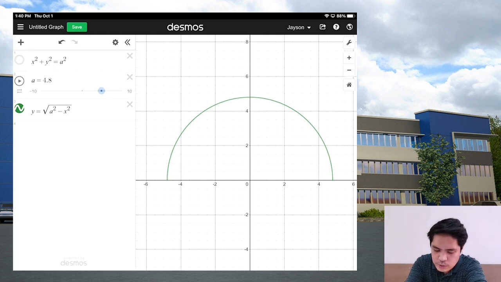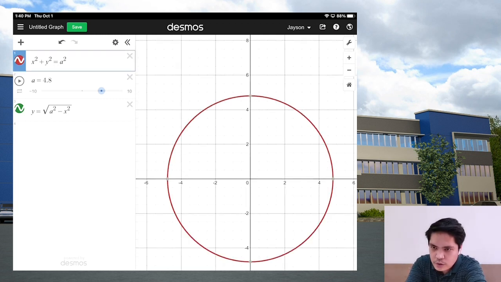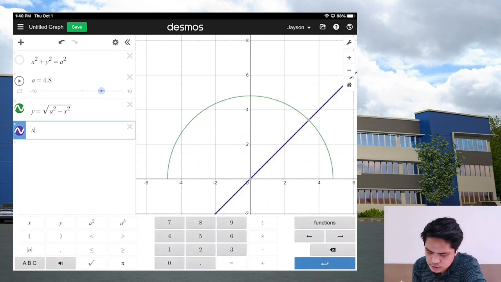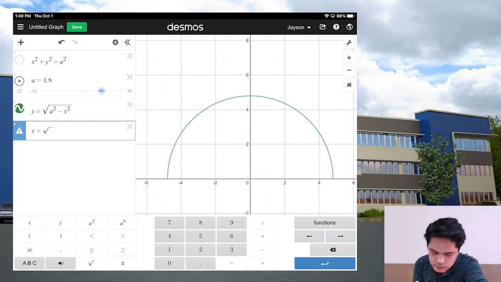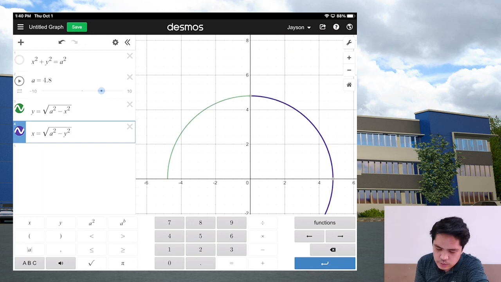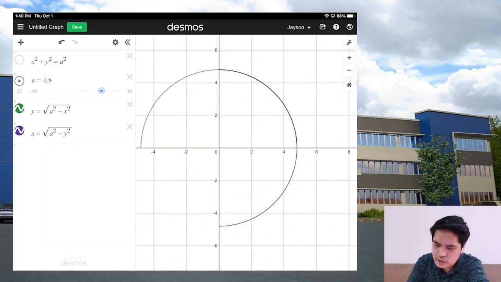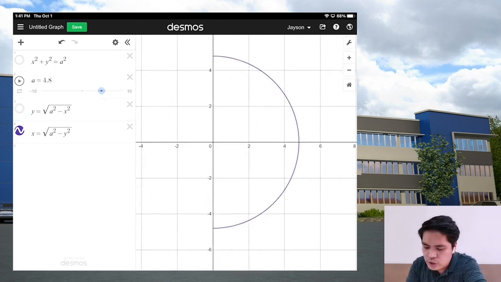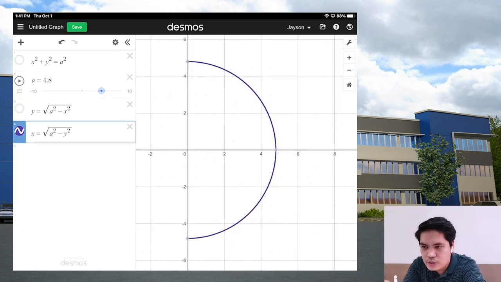But if you look here, that is half of the red circle, of the red graph. In the same way, if we let x be equal to the square root of a squared minus y squared, this is the other half. If we draw a horizontal line, it will only pass at one and only one point. Therefore, x is equal to a function of y.